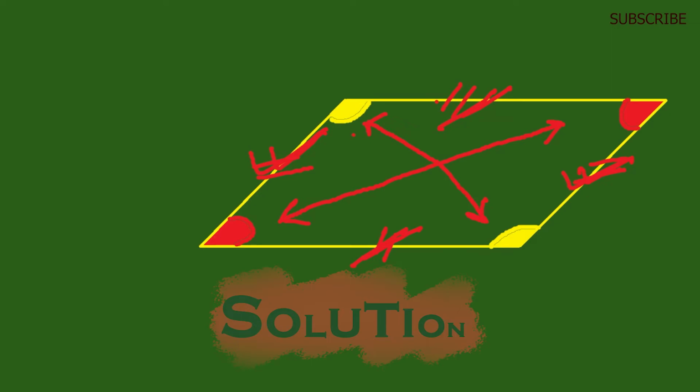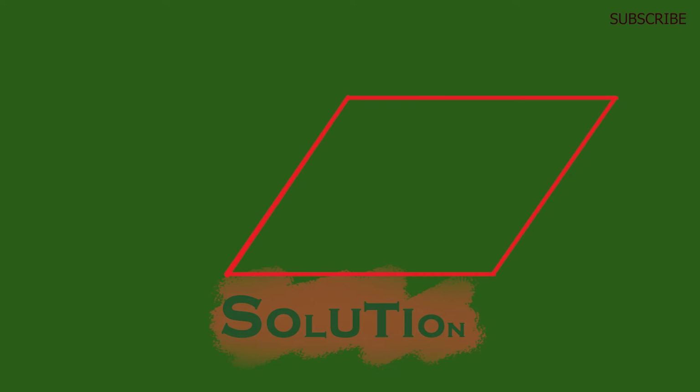This is another type of shape. In this shape, you can observe that again the angles are not 90 degrees, but the opposite angles are also the same. But if we compare this shape with a parallelogram, all the sides here are the same length.